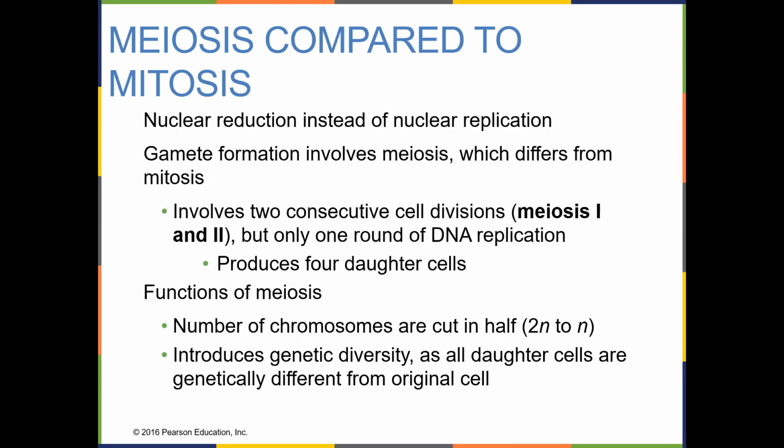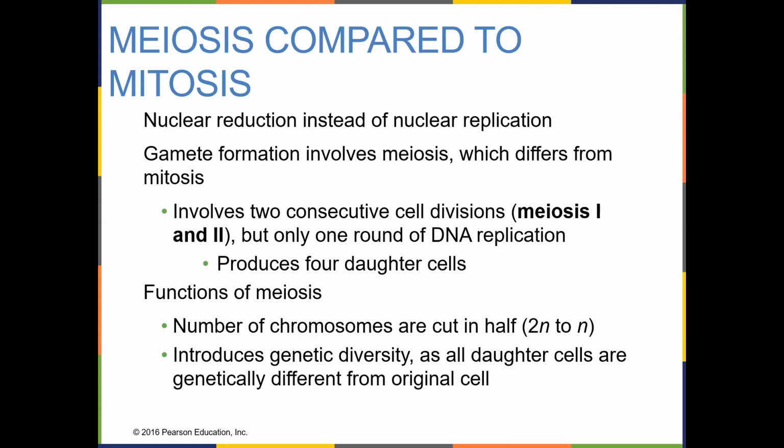Now, to get that, in meiosis, we have to go through not one round of cell division, but 2. We go through meiosis 1 and meiosis 2, but we only copy the DNA once. So if you remember from mitosis, where we get to the S stage in the cell cycle and we replicate our DNA, we have a second set of DNA, and we very quickly then go into the stages of mitosis and then cell division.